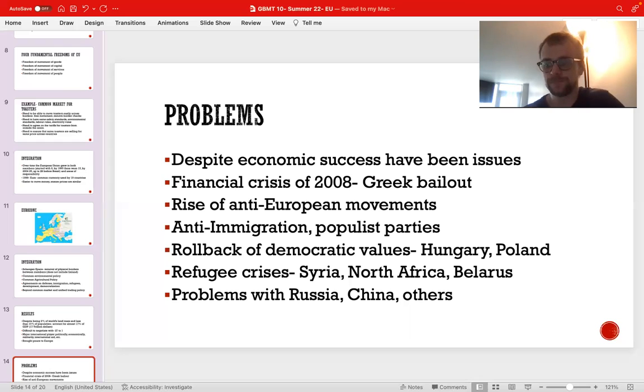We see a refugee crisis and an inability for the European Union to humanely manage the influx of refugees coming from conflicts in Syria, North Africa, Belarus, and Afghanistan, likely also with the amount of refugees coming from the Ukraine conflict. And specifically Mediterranean states such as Italy and Greece, which are ill-equipped to deal with these influxes of refugees, are often left dealing with this crisis while also suffering their own economic hardships.